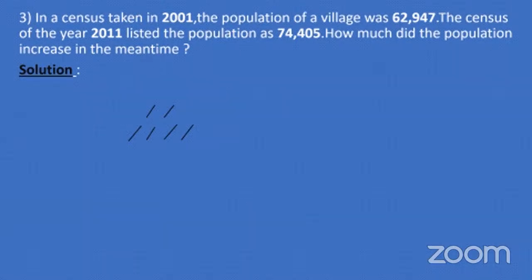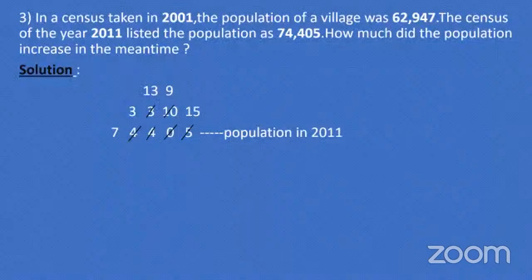Okay. So which is the bigger number here? Tell me. 74,405. Very nice. 74,405 is the bigger number. That is the population in 2011. So we will subtract the population of 2001.